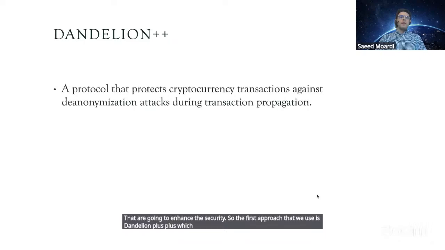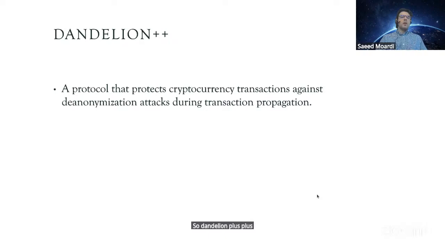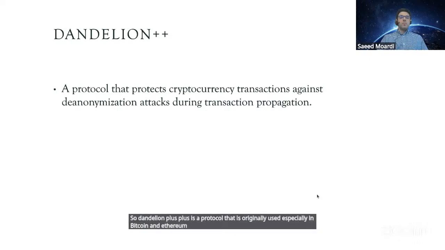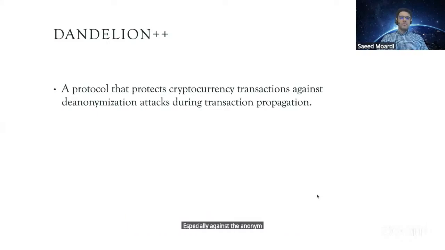So the first approach that we use is Dandelion++, which is a protocol that protects cryptocurrency transactions against de-anonymization attacks during transaction propagation. Dandelion++ is originally used especially in Bitcoin and Ethereum, and it protects cryptocurrency transactions against de-anonymization attacks.